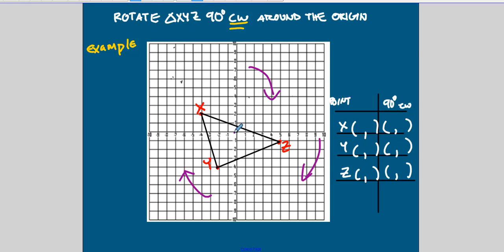We're always doing these rotations in this video around the origin. Let's get the coordinates of X, Y, and Z. That's negative 4, 2 for X. Z is going to be 5, negative 1. And Y should be negative 2, 4.